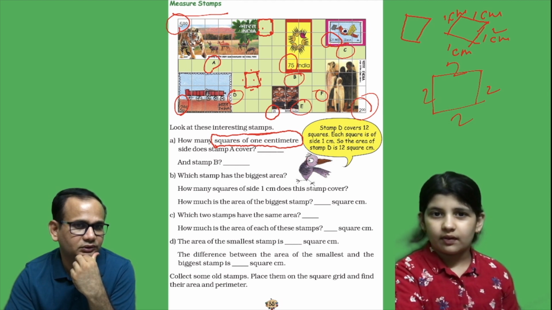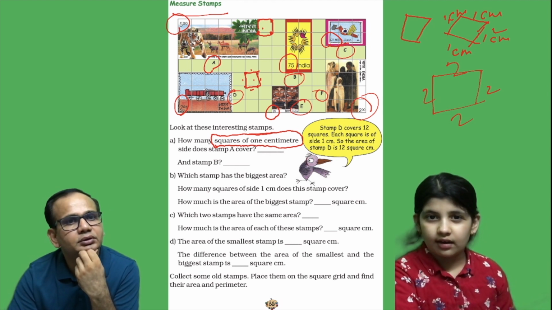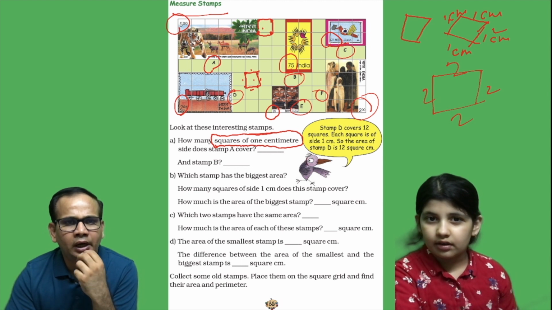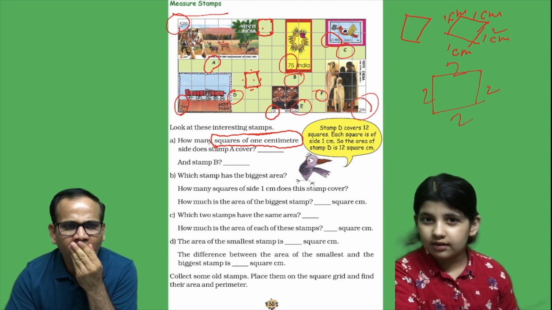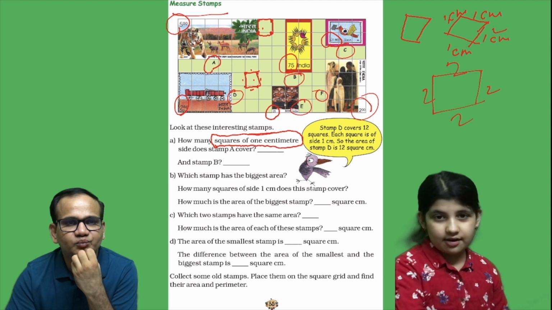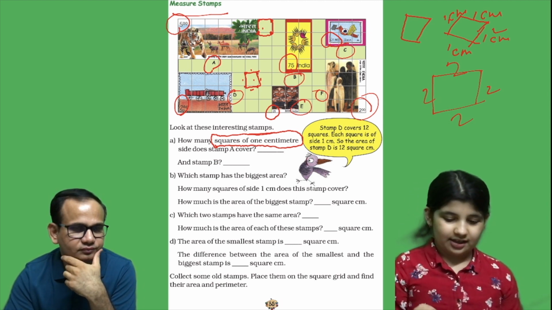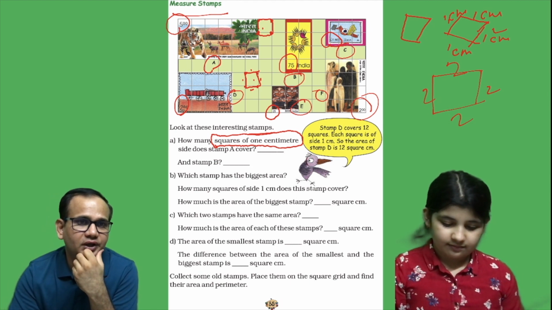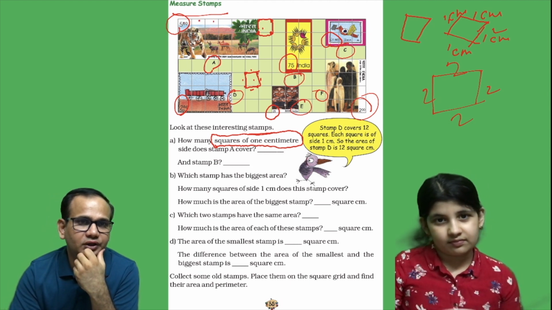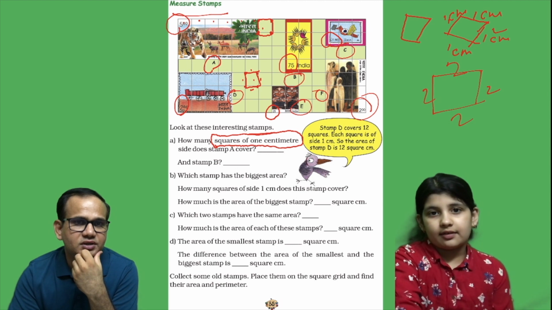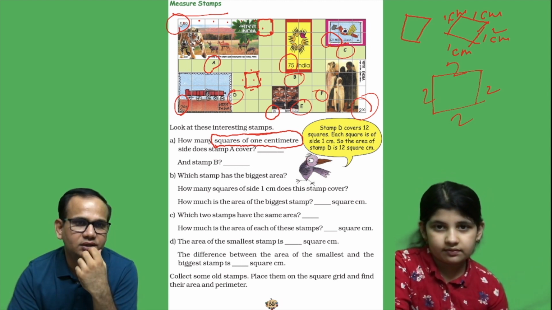1 centimeter means this box, one box. This one box is 1 square. So in a simple way, I can say how many boxes are there in this stamp. 1, 2, 3, 4, 5, 6, 7, 8, 9, 10, 11, 12, 13, 14, 15, 16, 17, 18. You counted everything, right? But you could have done it straight away. See here 1, 2, 3, 4, 5, 6. 6 this side and 3 this side.